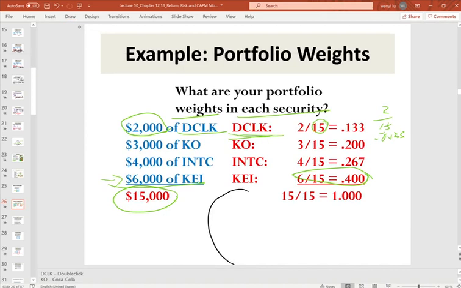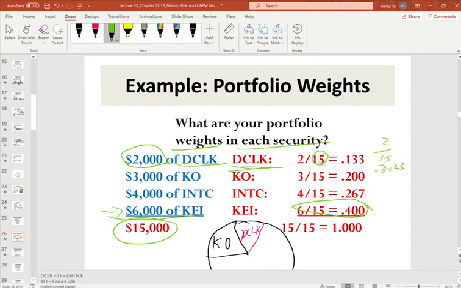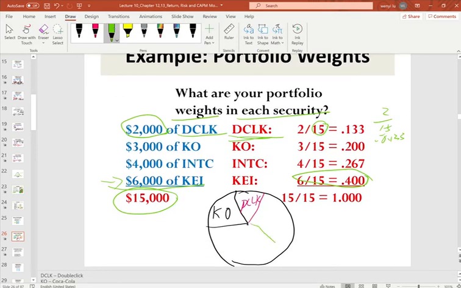So this is a pie chart, and you can see we have 20% in KO, 13.3% in DCLK, and 26.7% in INTC. The remainder will be in KEI.